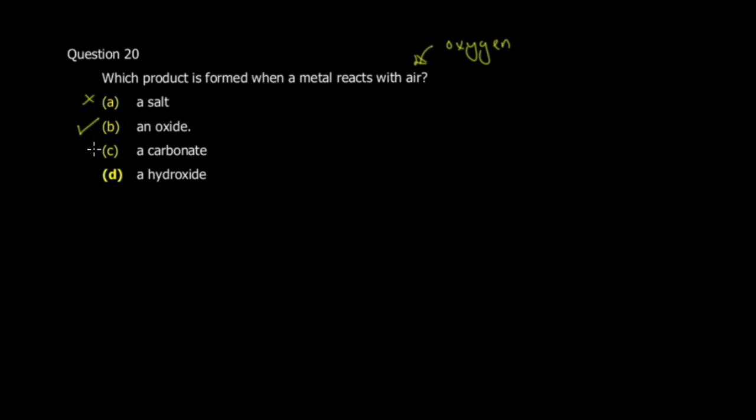It can't be a salt, since a salt is usually from a neutralization reaction. A carbonate would come from reacting with carbon dioxide, and a hydroxide won't work. You just need to know that it's an oxide here. The catch is that air is oxygen. And that's it for this part.